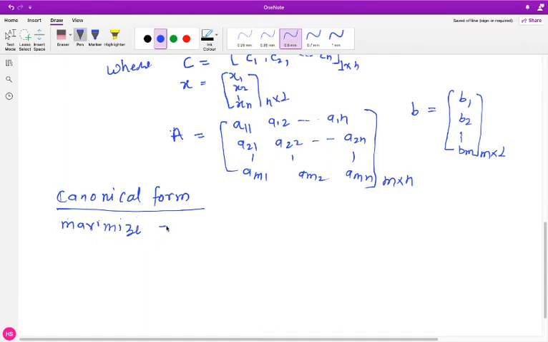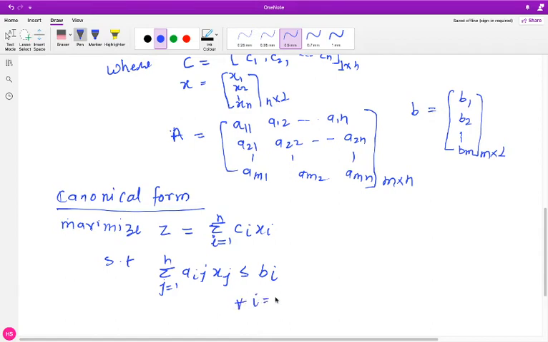So, maximize z equals summation i equals 1 to n ci xi, subject to the constraint summation j equals 1 to n aij xj less than or equal to bi for every i equals 1, 2, 3 up to m.